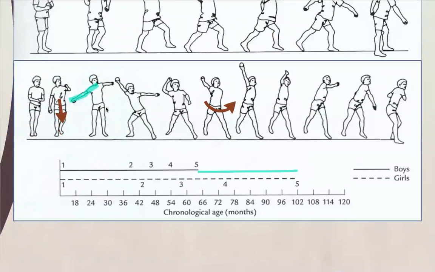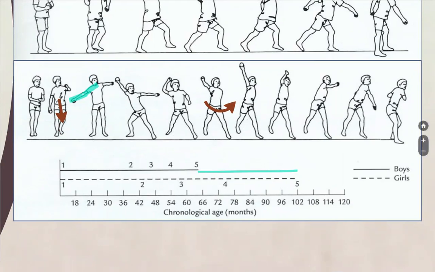But by the final stages of development, you see that the whole body is moving in a very coordinated and efficient way through the windup, over the head, turning the trunk and hips to throw the ball, and the back leg comes forward as well.